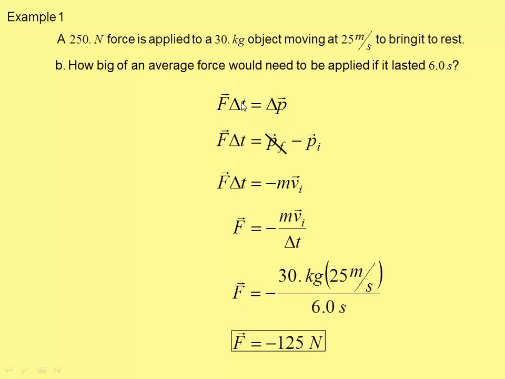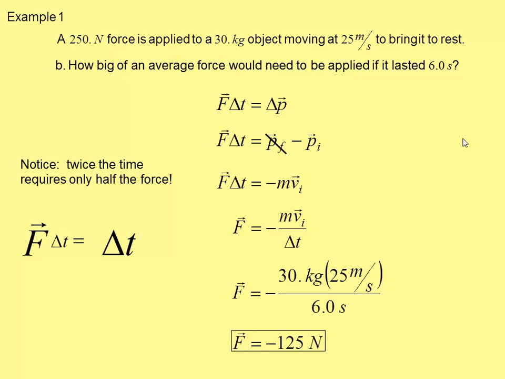So if your time doubles, you only need half as much force to get the exact same impulse and therefore get the exact same change in momentum. Twice the time requires only half the force. A big force for a small time will give you the same impulse as a big time with a small force. Very graphic, right? So this is proportional thinking.